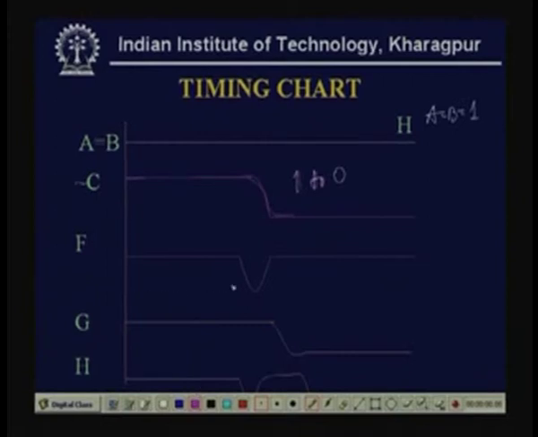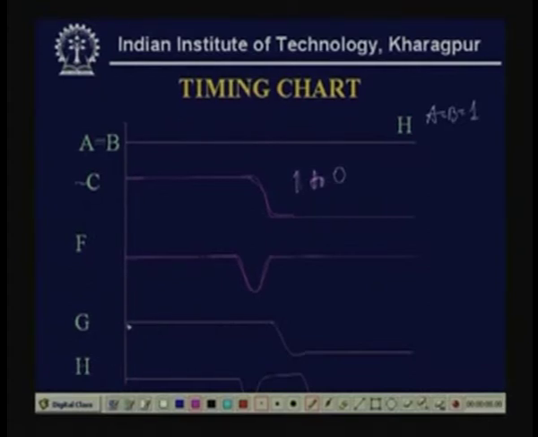Now, what will be the F? Already we have seen that it is a static hazard, that means I will get a glitch during this transition. So, this is a glitch I will get. Now, what will be the G?